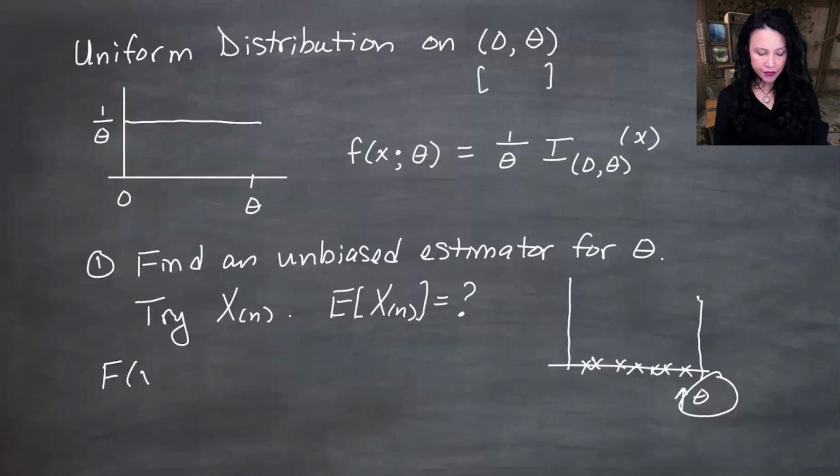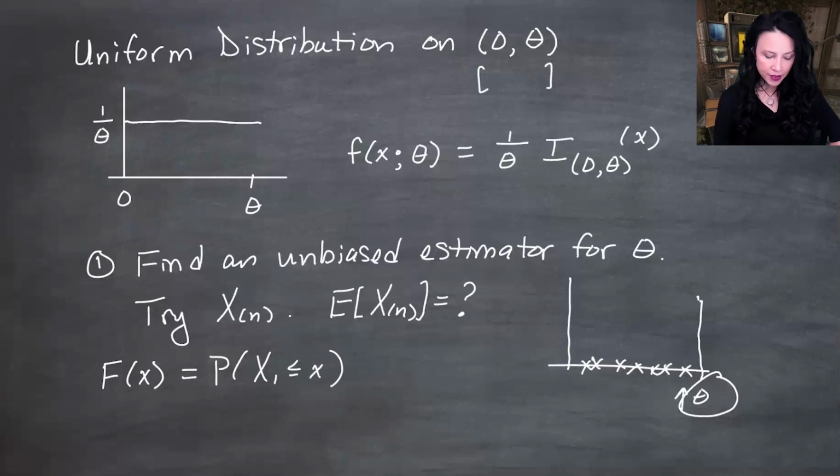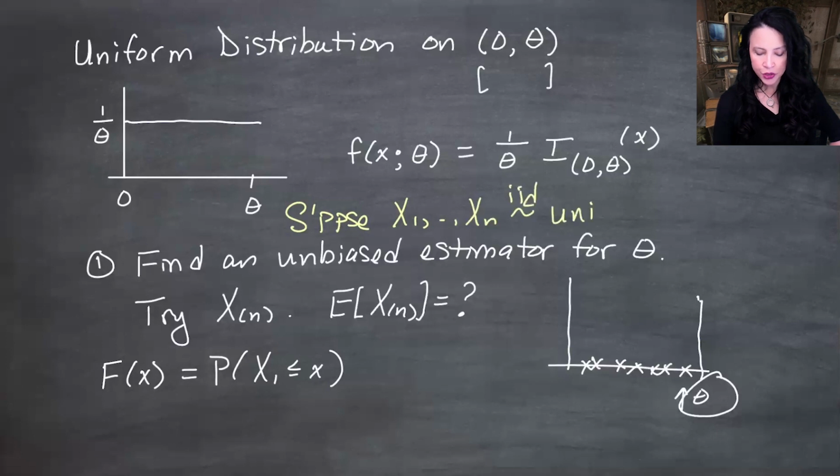So if this capital F is the CDF for any one of them, so not the max or the min, but just one of the values in a sample, oh yeah, we need a sample. So I'm going to suppose that x1 through xn are IID from this uniform distribution on 0 to theta.